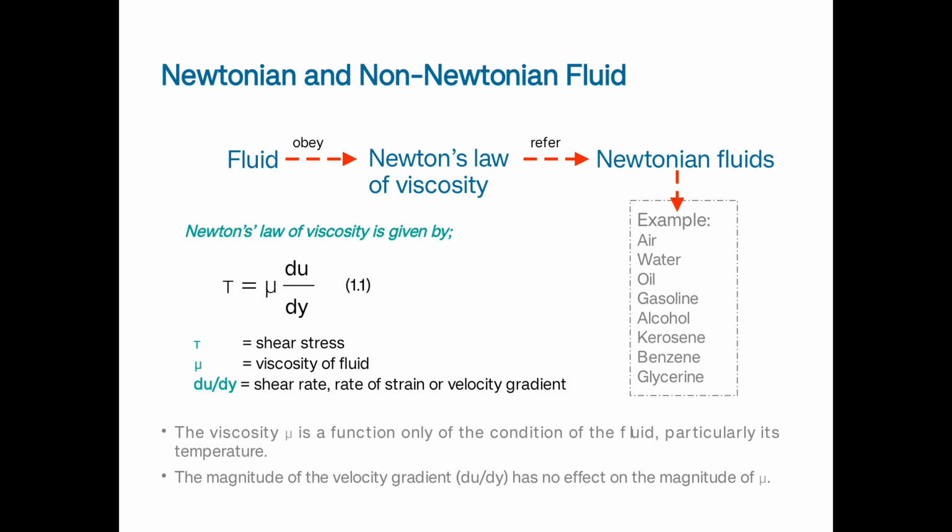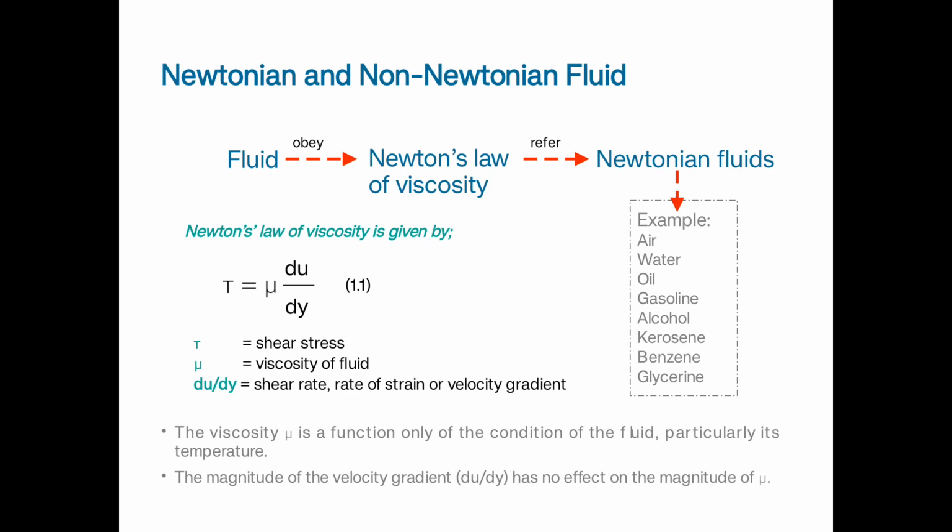Then, if you want to say the fluid is real, all fluids must possess viscosity, which means they either obey Newton's law in a linear manner, or they do not obey Newton's law and form a non-linear relationship. That is, they are Newtonian and non-Newtonian fluids. This is the categorization of fluids after understanding what a fluid and a real fluid is.